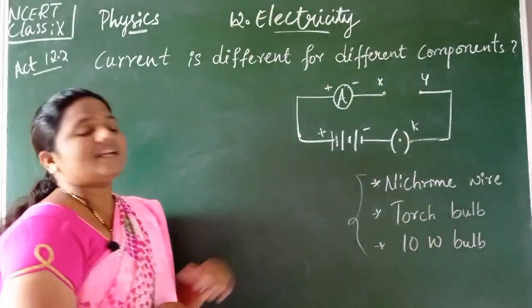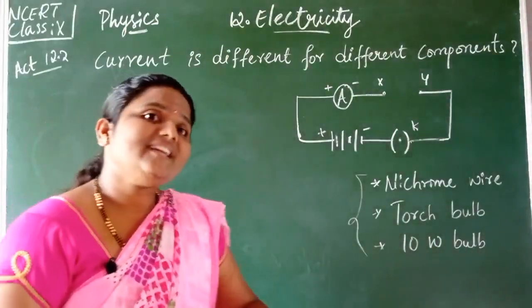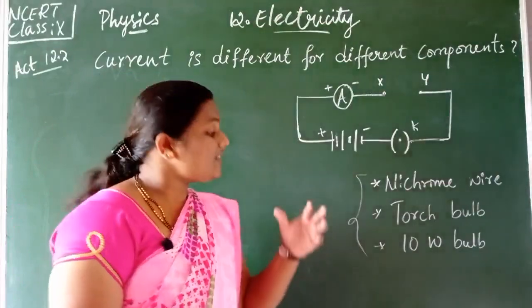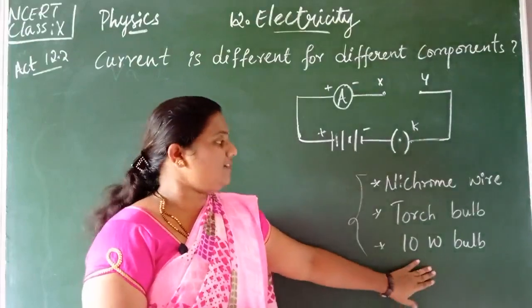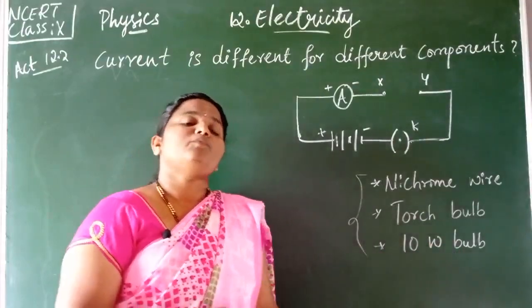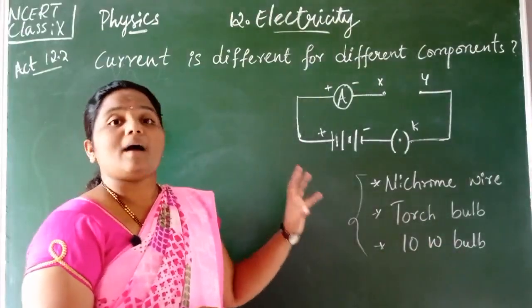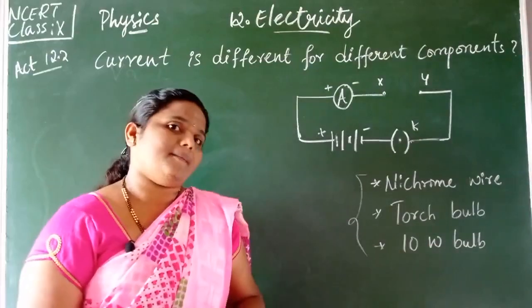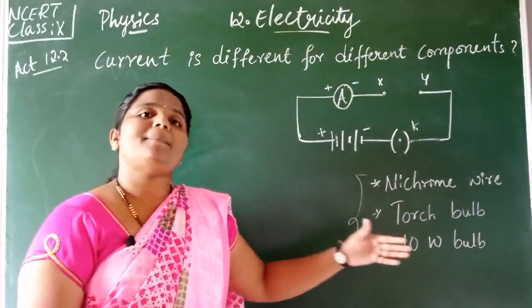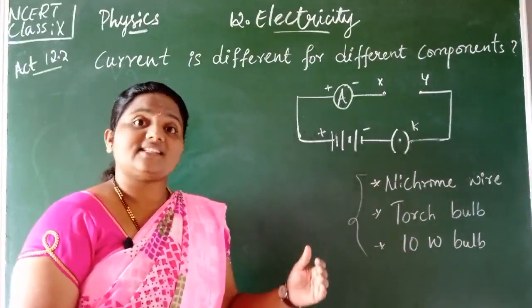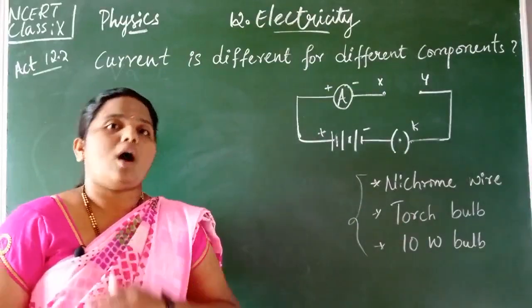Certain materials offer easy flow of current, whereas certain other electrical components oppose the flow of current through them. Got it, children? Certain materials offer an easy path for the flow of current, whereas others offer opposition.